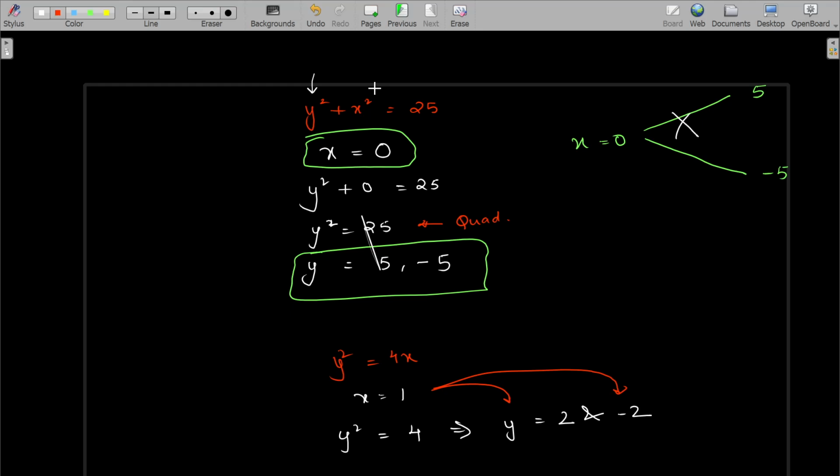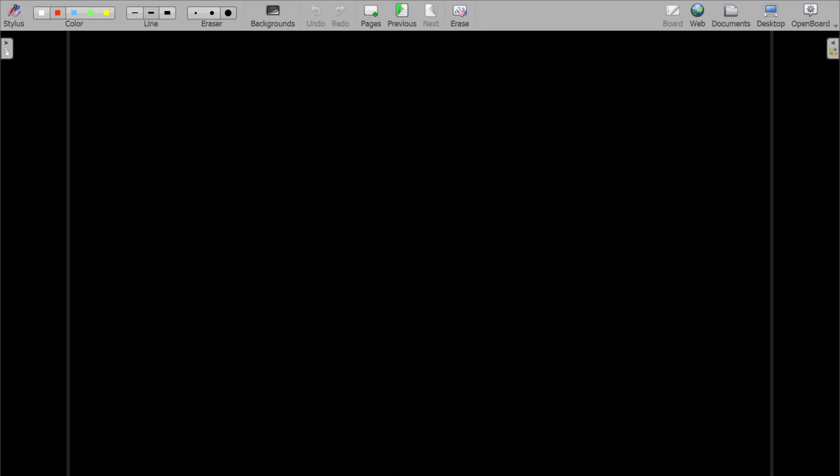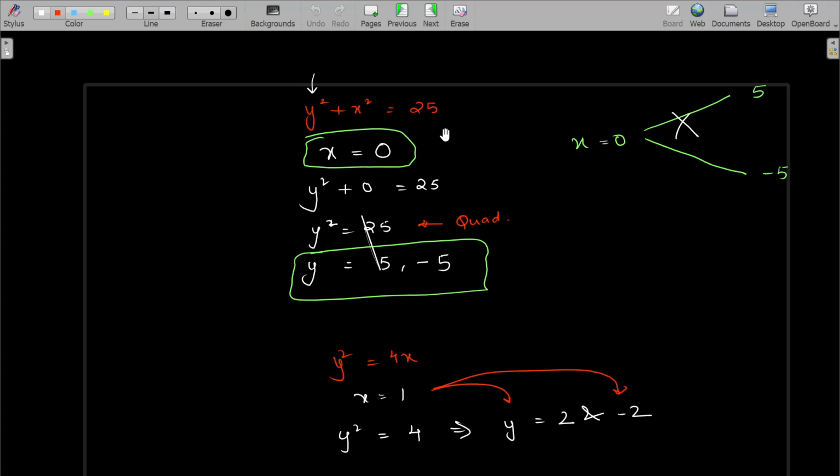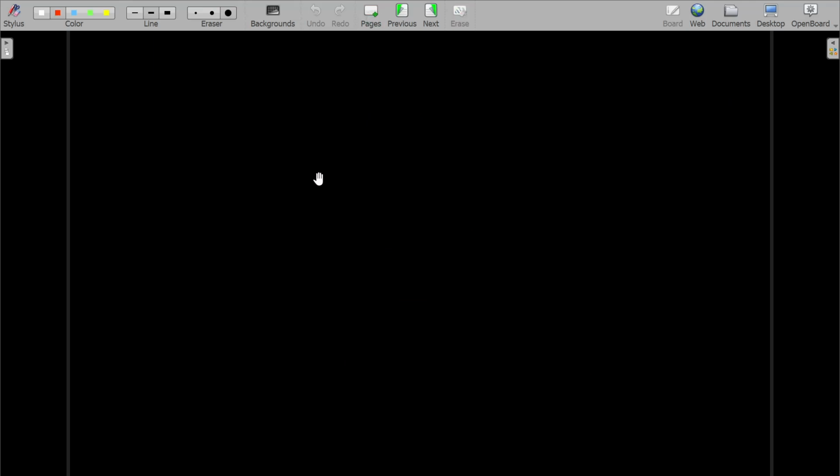Okay, now the same question can be asked in 3 to 4 different ways. First way was this, that they will give you the relation in the form of an equation. So this was an equation and we determined whether this relation was a function or not. Second way is that the relation can be given to us in tabular form.